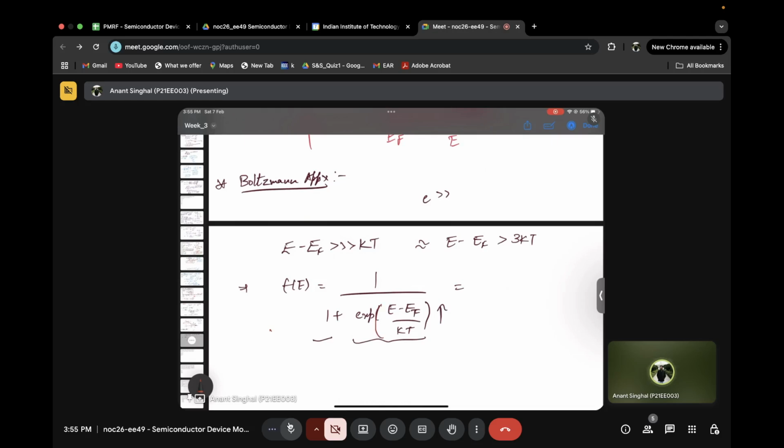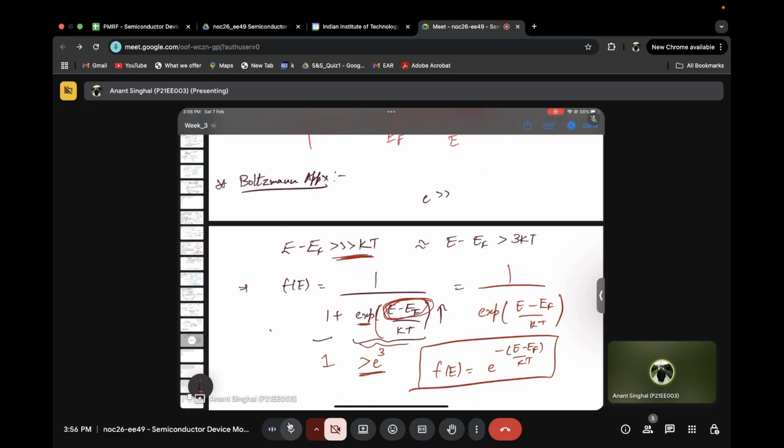I'm taking the case where E minus EF is very, very much greater than kT, so the exponential of (E minus EF) over kT is like e raised to the power 3 or greater. Is this very, very much greater than 1? Yes, so we neglect the 1 and write this as 1 upon the exponential of (E minus EF) over kT. Hence the Fermi-Dirac distribution function comes out to be e raised to the power minus (E minus EF) over kT.